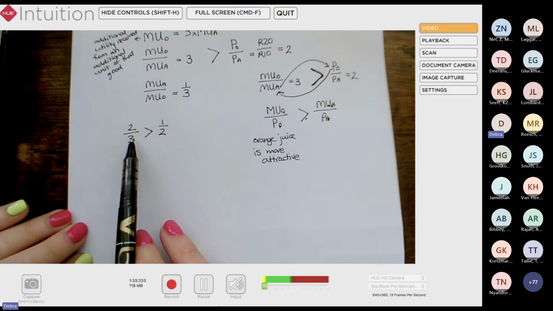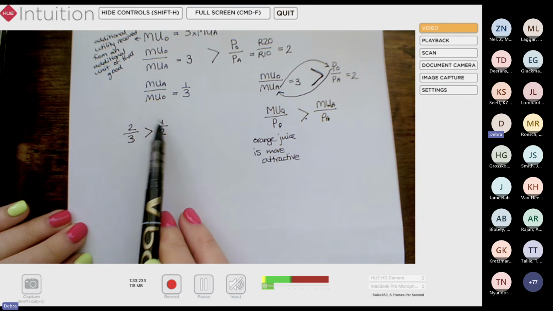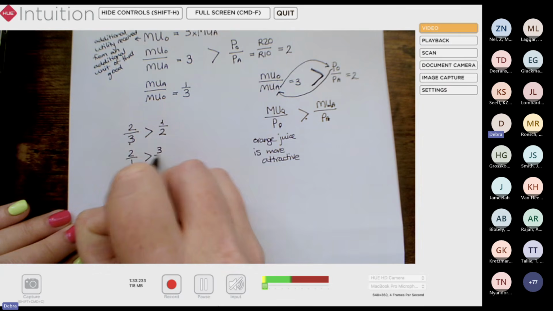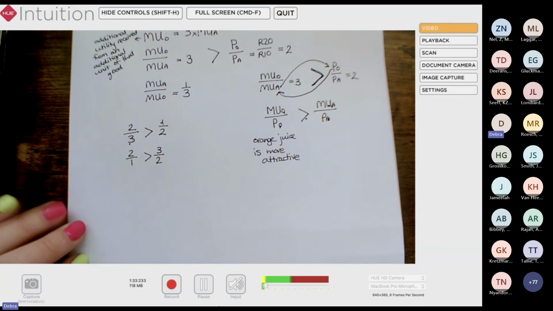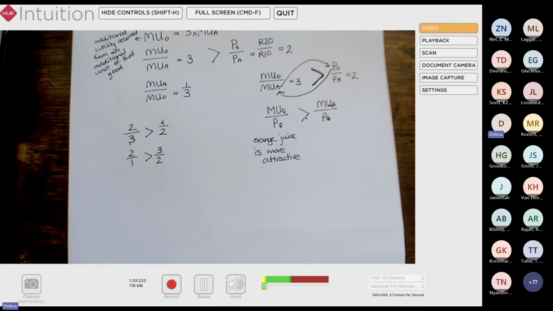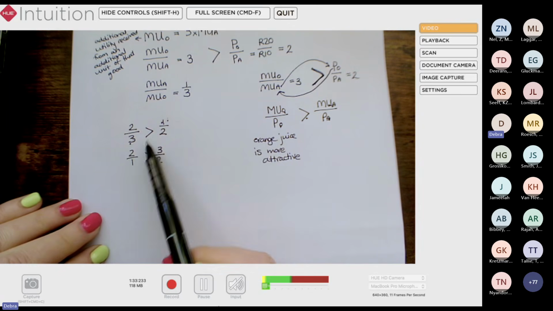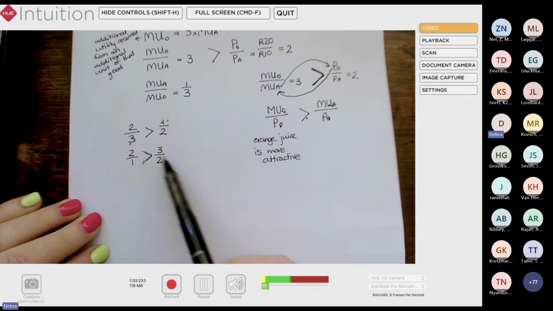That still gives me 2 is greater than 3/2. Okay. So the cross multiplication exactly tells us that we can just switch these two values and it won't change the way that these two sides of the inequality are related. Okay, so that's the cross multiplication.